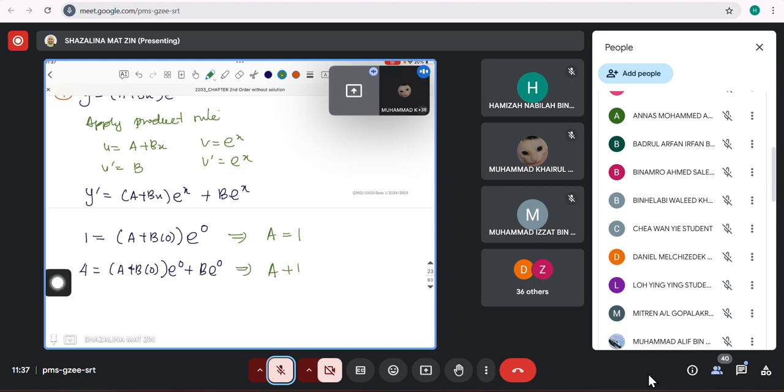So A plus B equals 4. Again, you can use the calculator. 1, 0, 1, because we don't have B here, so it becomes 0. Then you have 1, 1, 4. Press the calculator, and you will get the value of A equals 1 and B equals 3.